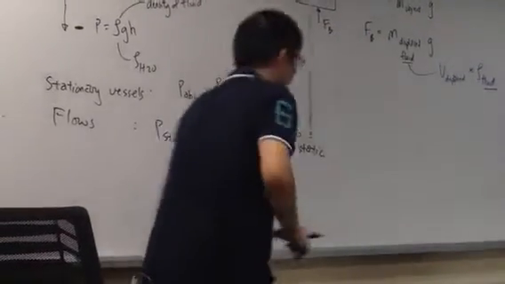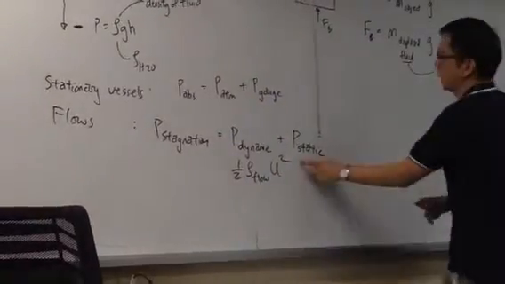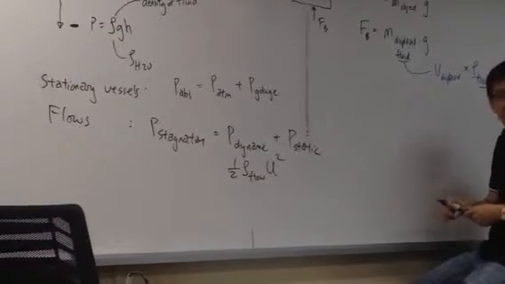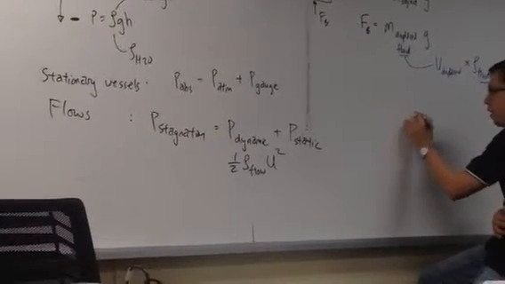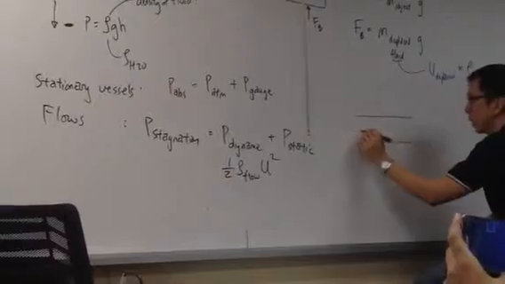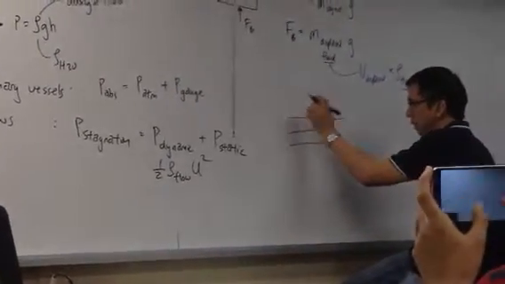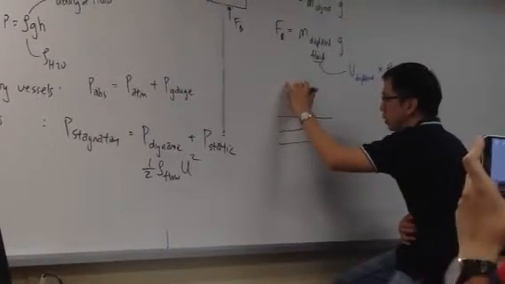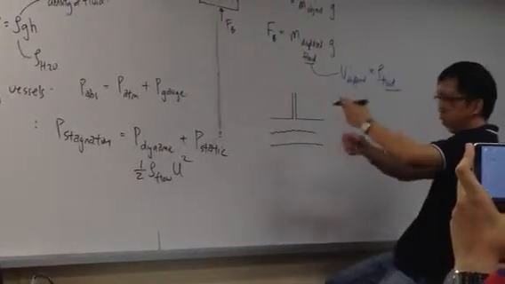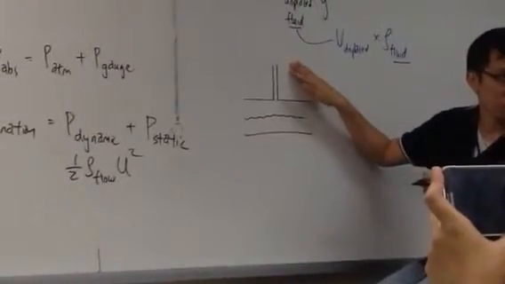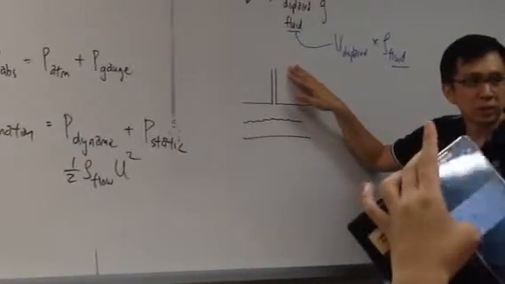The static pressure is the one that is not related to the velocity. For example, if I have a flow inside a pipe, then I put in what you call a piezometer. It's basically a straw. If the static pressure inside is higher than atmosphere, what do you think happens?